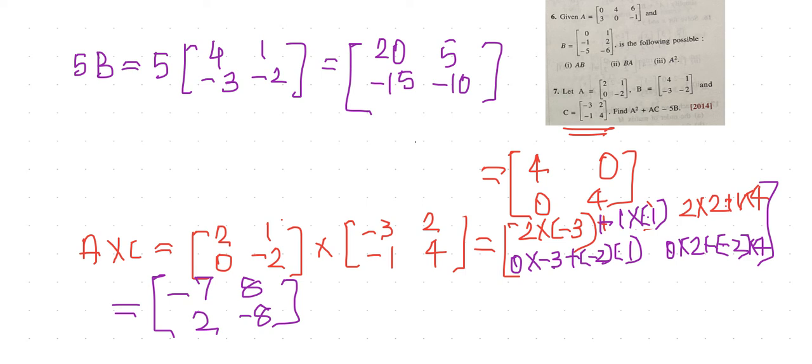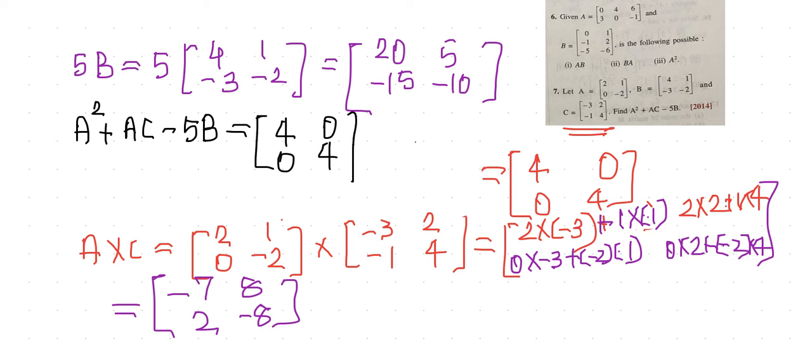Now we are going to club them all. So in your question, the statement is A square plus AC minus 5B. So A square is equal to how much, children? You have calculated, this is equal to 4, 0, 0, 4. Okay. Plus AC is equal to how much?